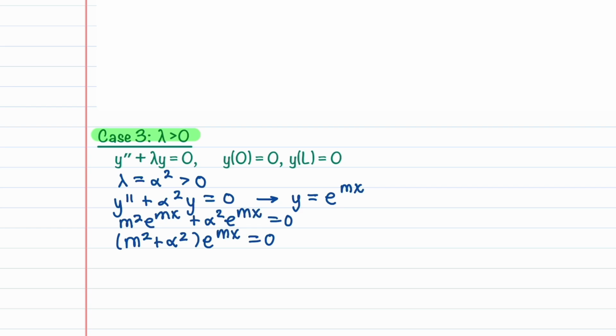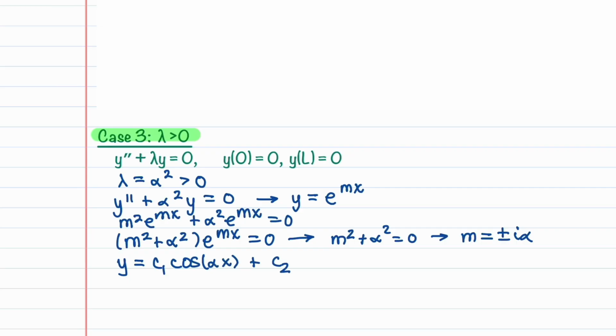The exponential is not equal to 0, so we have to set m squared plus alpha squared equal to 0, and this gives us that m is plus or minus i times alpha. We then note that our solution looks like this: y is equal to C1 cosine alpha x plus C2 times sine alpha x.